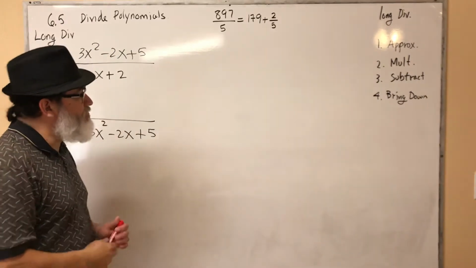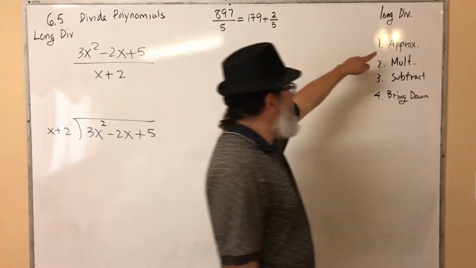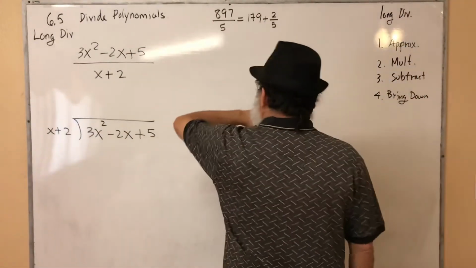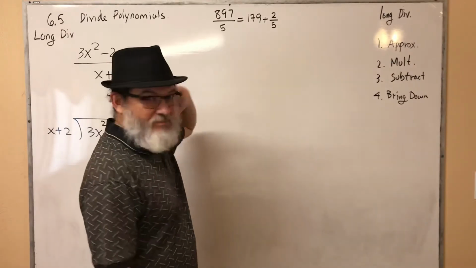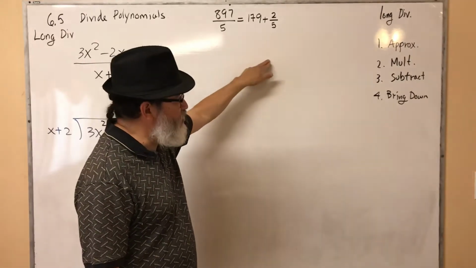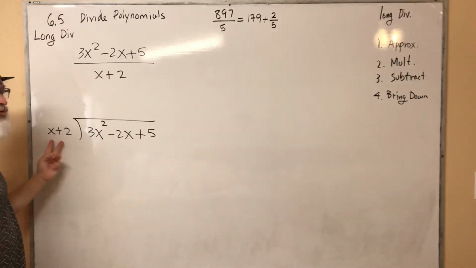First step. If you go back, let's approximate. If you remember, I took the first digit divided by 5. That was what I did first. So here I'm going to take the first term divided by x plus 2.